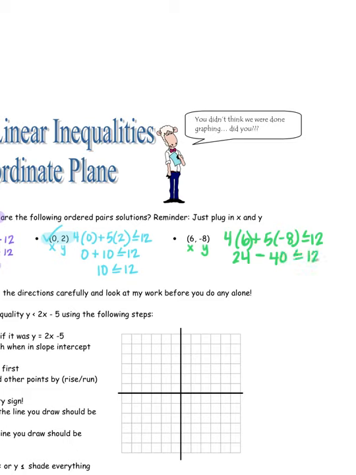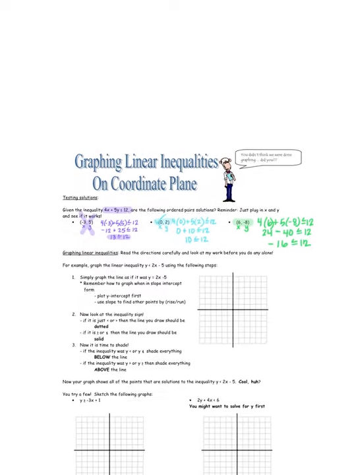And then 24 minus 40 gives us negative 16, I'm sorry, is less than or equal to 12. Is negative 16 less than or equal to 12? And yes, it is. So 6 and negative 8 are solutions to our inequality.